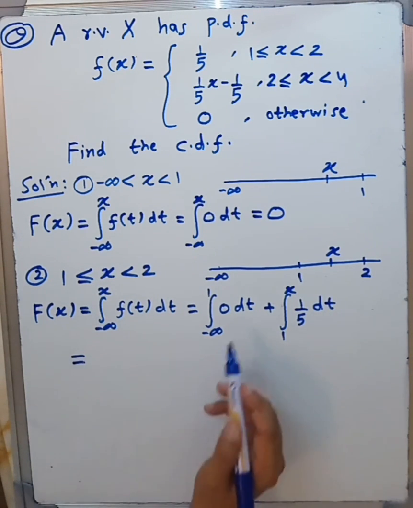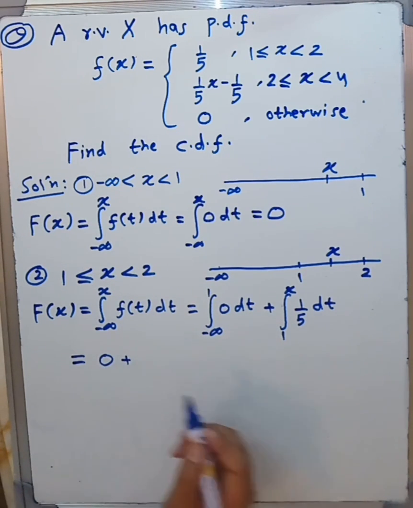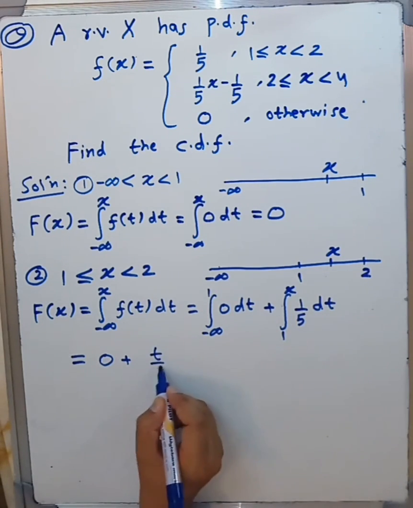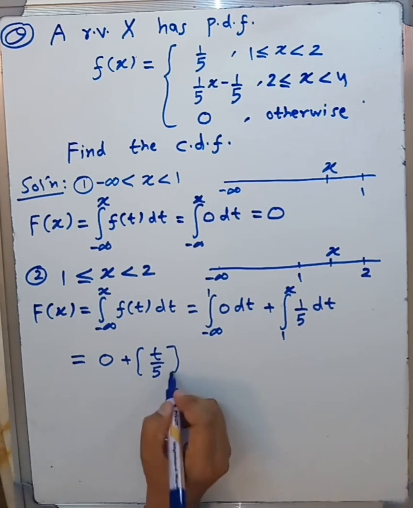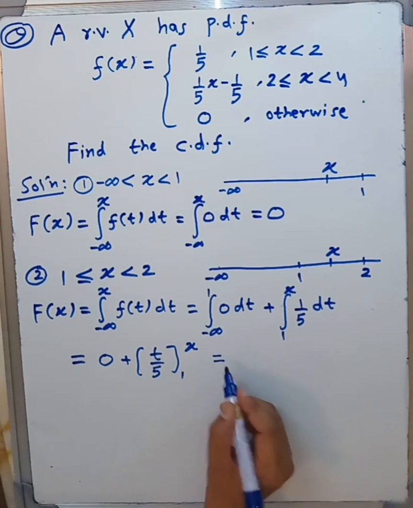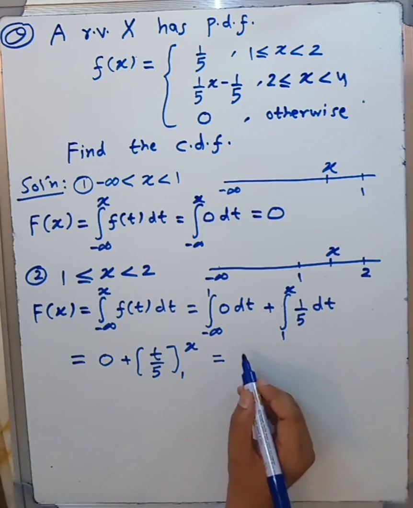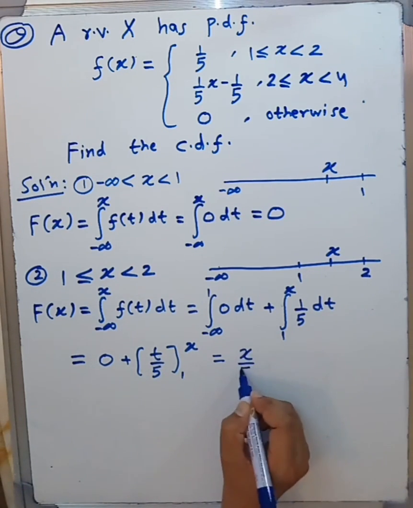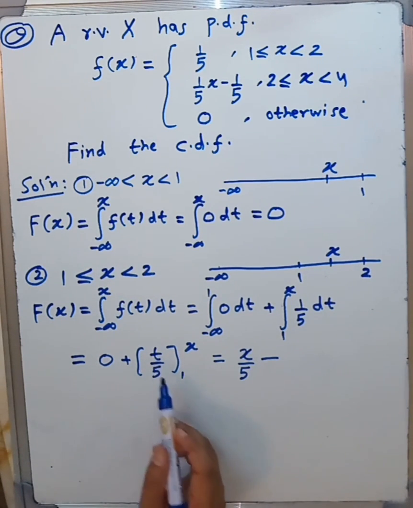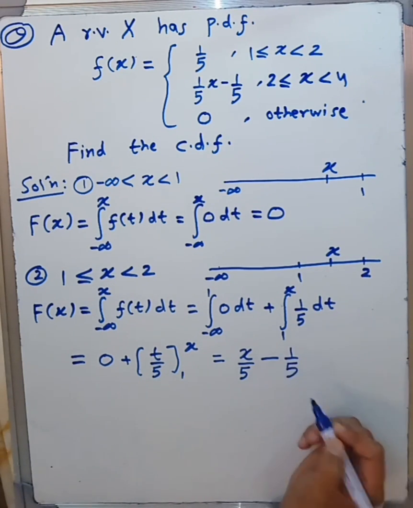Let us integrate. The first integral becomes 0. Integral 1 by 5 dt will be t by 5 over the limits 1 to x. Now putting the upper limit t equal to x, we get x by 5 minus, putting the lower limit t equal to 1, we will get 1 by 5.